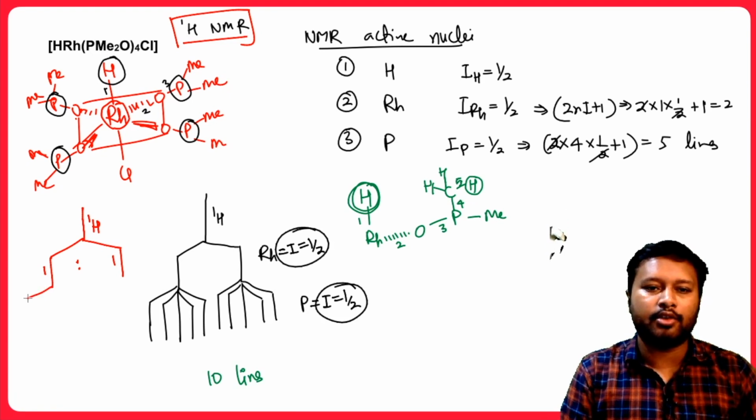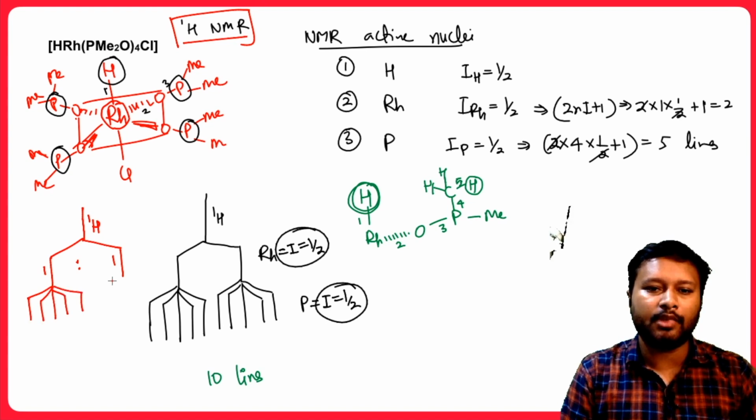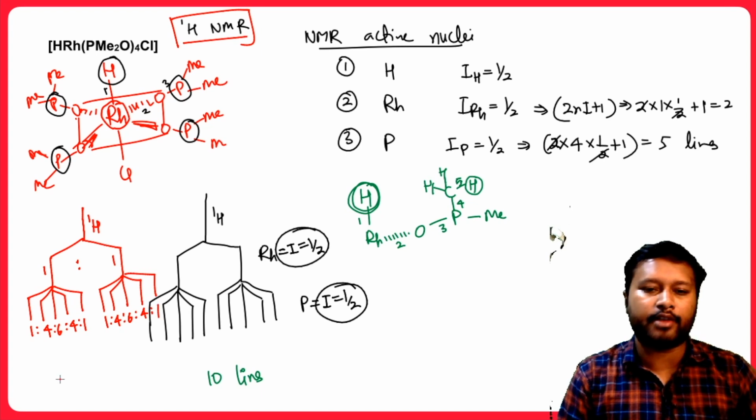So 5 lines will be something like this over here, and 5 lines over here as well. The intensity of these lines will be 1:4:6:4:1, and the same goes here, 1:4:6:4:1. All right, so that's what is going to happen.